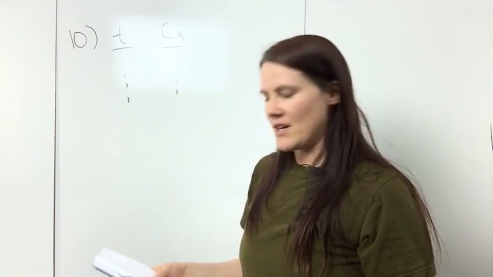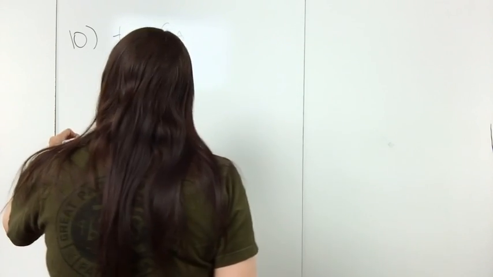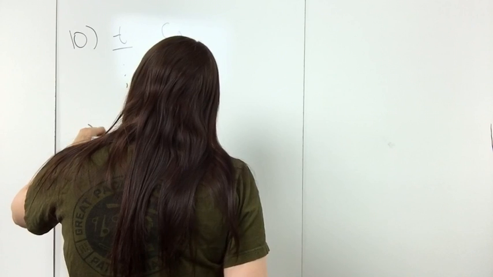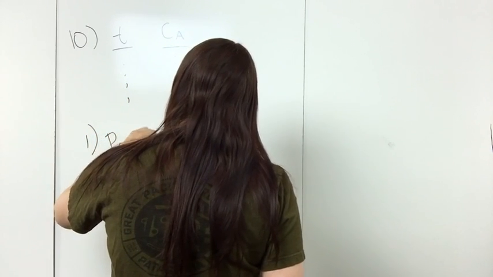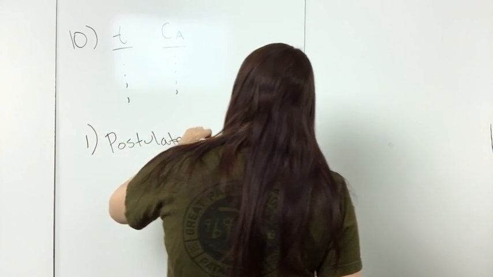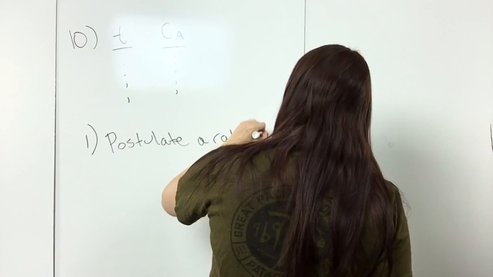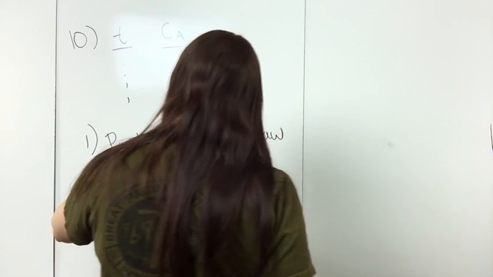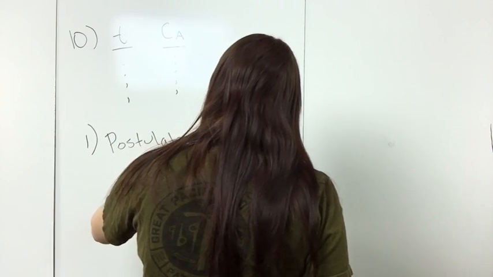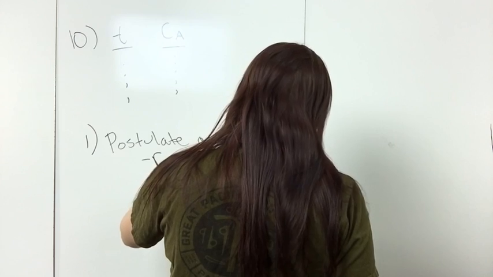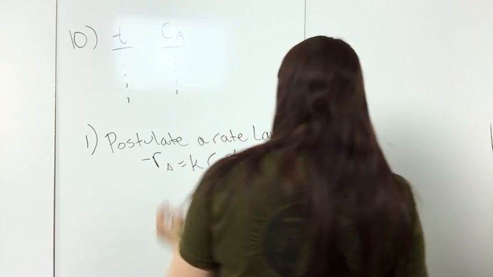So the way you go through these problems is, first of all, you postulate a rate law, and so this would be minus Ra is equal to K Ca^alpha.